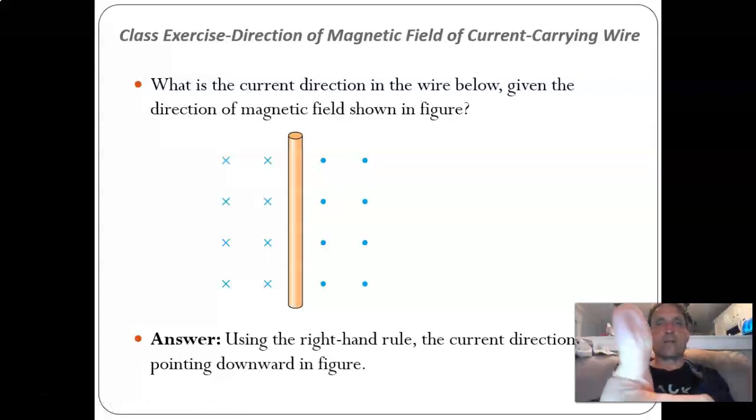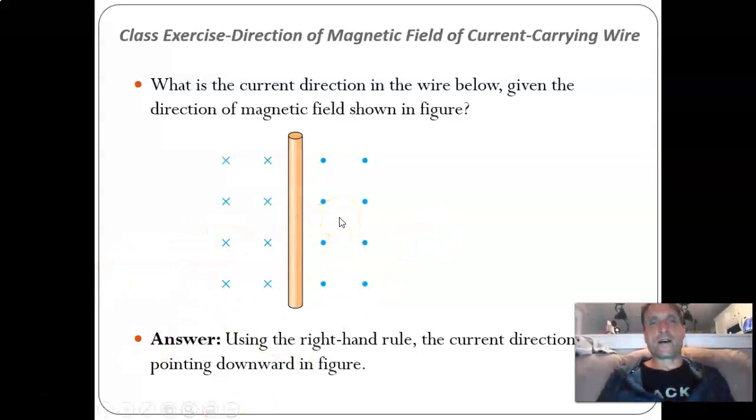Doesn't give the right field, because in that case, the curl of my fingers is coming out of the page to the left and into the page to the right, and we know that it's going the opposite. And so you can point your thumb the opposite way, meaning downward, and you'll get the right field directions. So in this case, the current is going downward in the figure here, toward the bottom of the screen.